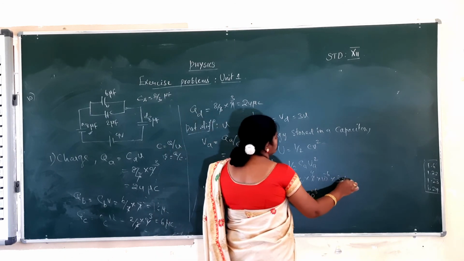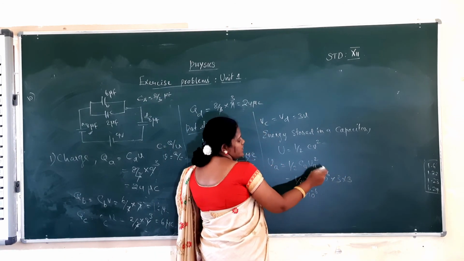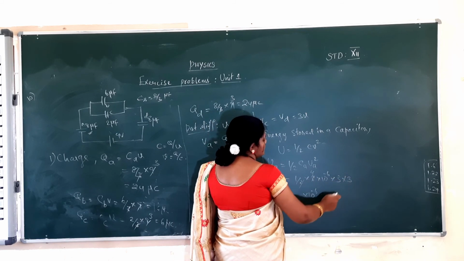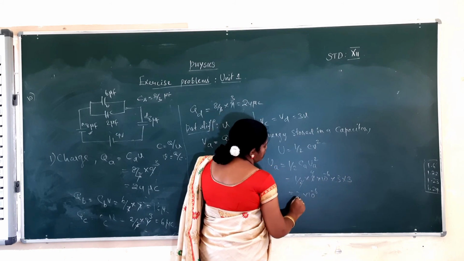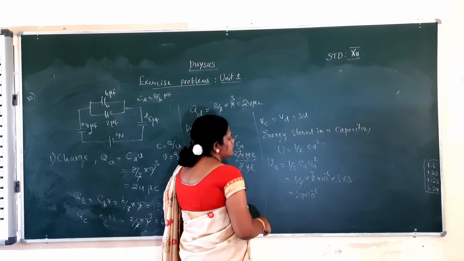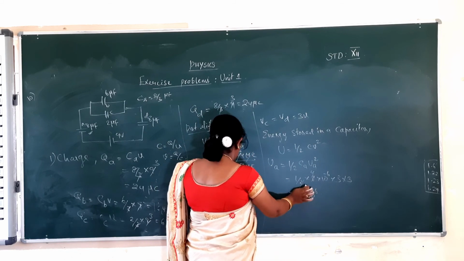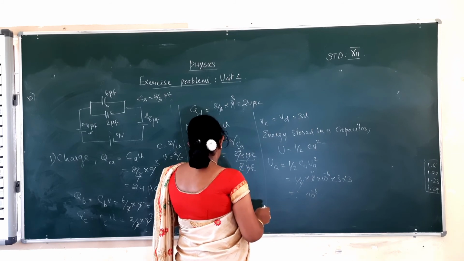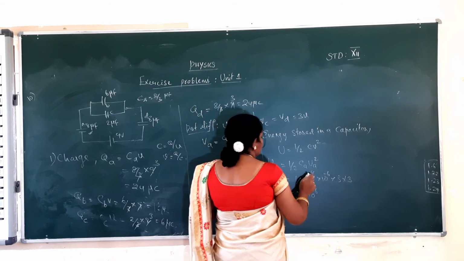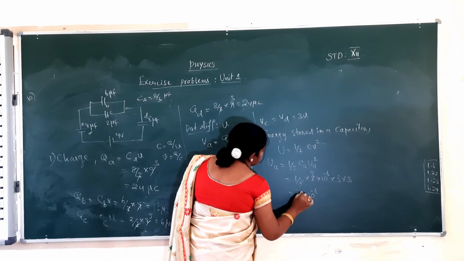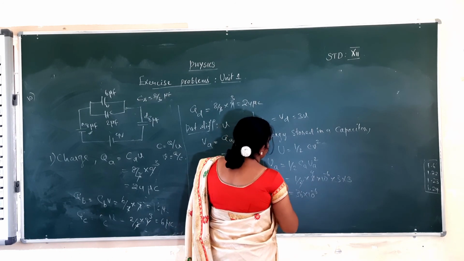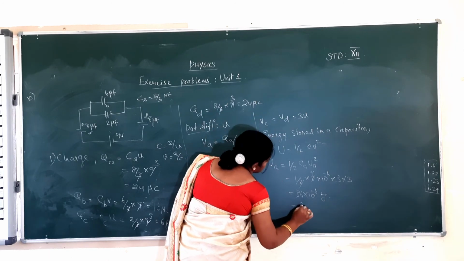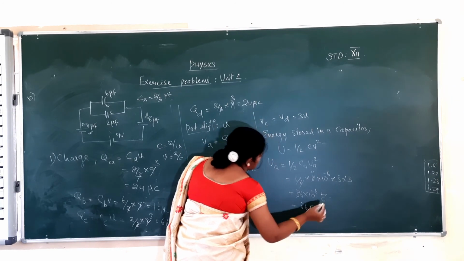Half of 8 is 4, and 4 into 9 is 36. So 36 into 10 power minus 6. Energy means joule, so 36 microjoule.